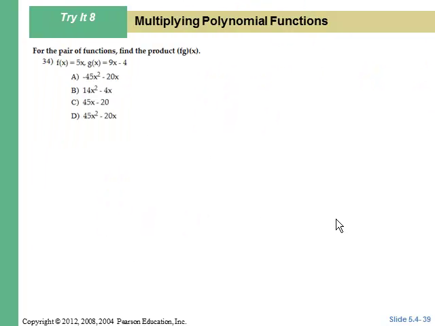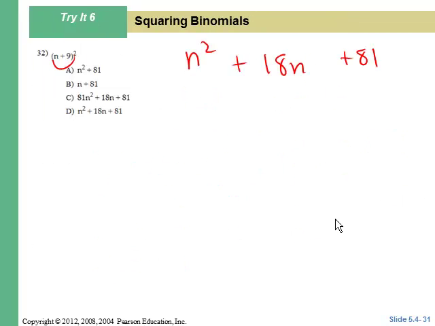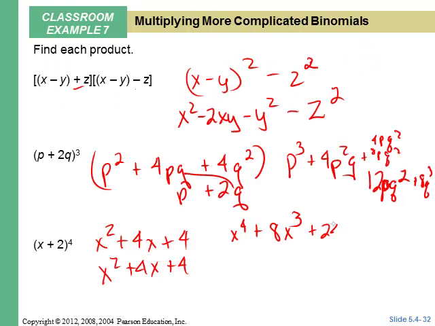Oops. That went fast. 24x squared. So you get an x squared here, here, and here. 4, 4, and 16 makes 24. And then plus x's, we've got 16x plus another 16x is 32x plus 16.